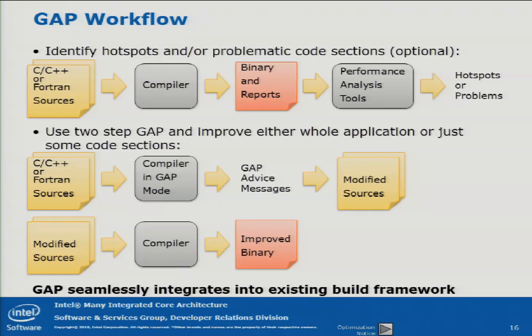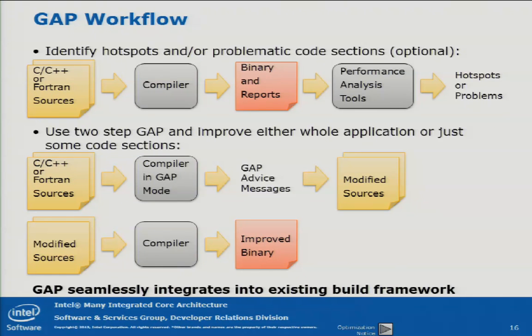Okay, this is how it goes. You start by identifying hotspots. You already know how to do that by using the profiling feature, or we will show you tomorrow how you can do it in VTune. So you restrict yourselves to the hotspots because these are the low-hanging fruits.